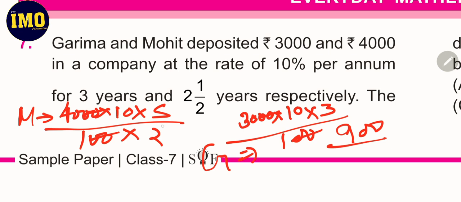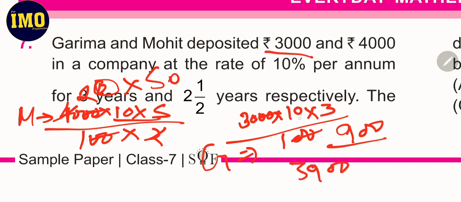Now it's 2 20, 20 multiplied by 50, so around thousand. So it's 1,000. So the amount of Garima is 3900. For Mohit, 4,000 plus thousand becomes 5,000. So the value of Mohit is 5,000.